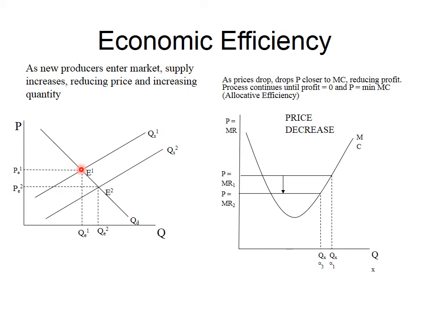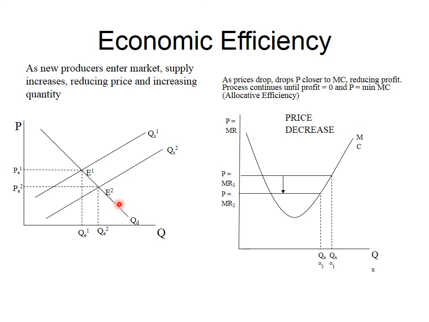As long as profit is to be made, new firms enter, supply shifts out to the right and increases, dropping the price until the price gets to the point where it's the minimum level of marginal cost. Producers that can't produce at that level fail. Supply curve starts to slide back up this way. Profit is made again.